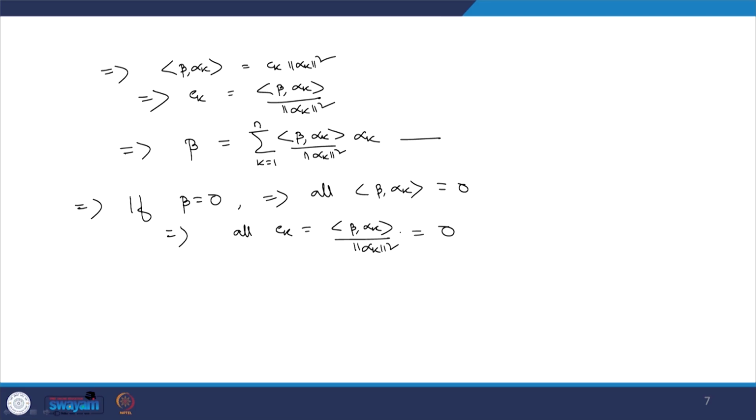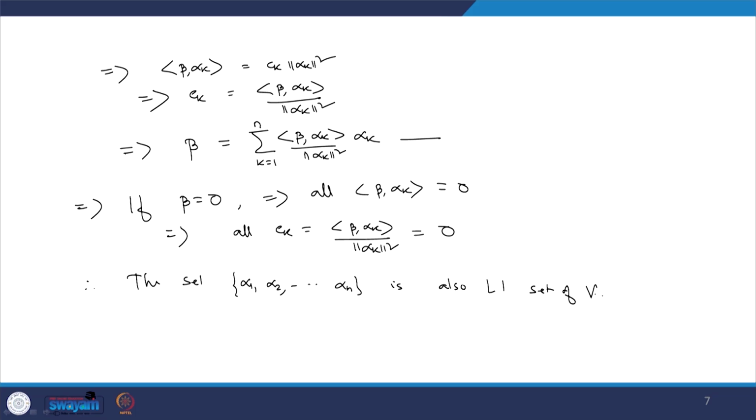Okay. So, the set alpha 1, alpha 2, up to alpha n is also a linearly independent set of the inner product space V. So, every orthogonal set of vectors is also linearly independent.